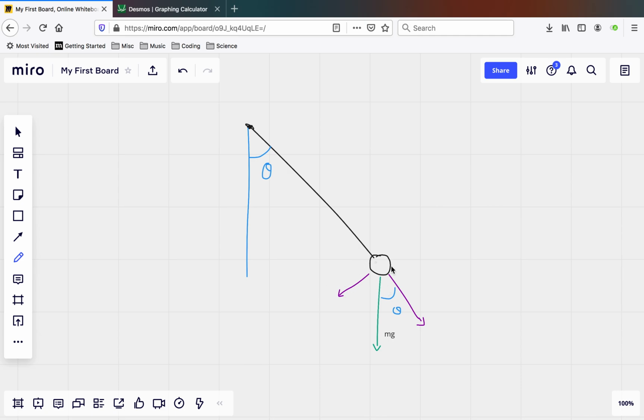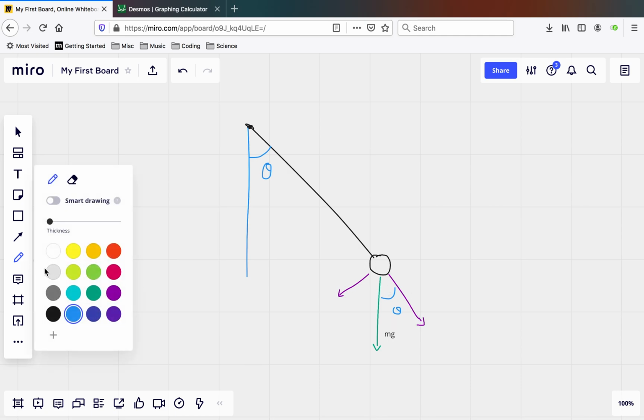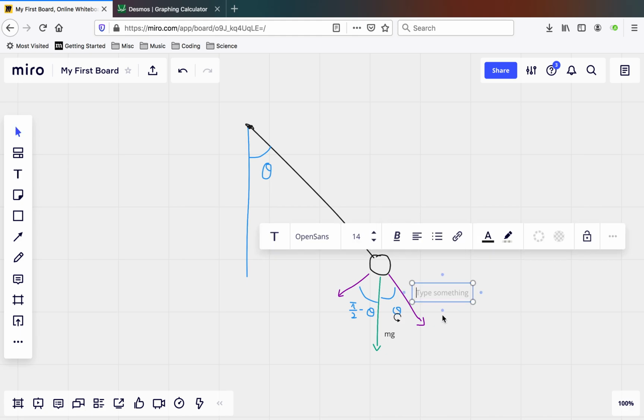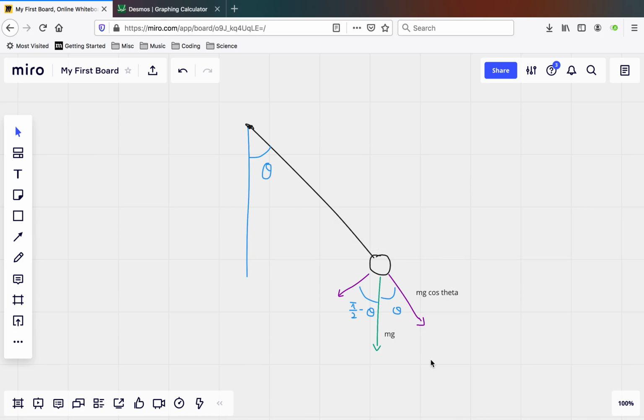And because this is a right angle, this has to be pi over 2 minus theta. And so what we get for the magnitude of these two forces is this would be mg cosine theta, and this is mg sine theta.